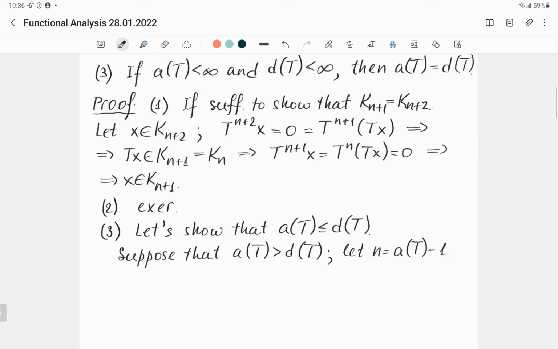Well, okay, so what does that mean? n is smaller than A of T. So we see that Kn is properly contained in Kn plus 1. And n plus 1 is already A of T, so Kn plus 1 is equal to Kn plus 2. And on the other hand, since D of T is smaller than A of T, we conclude that In equals In plus 1.